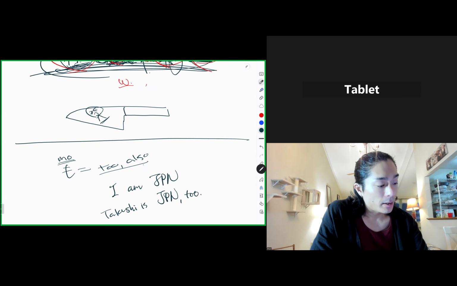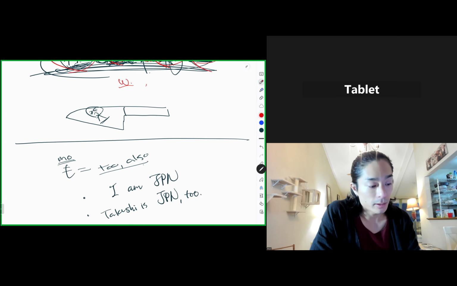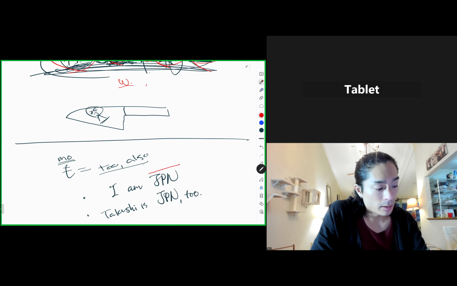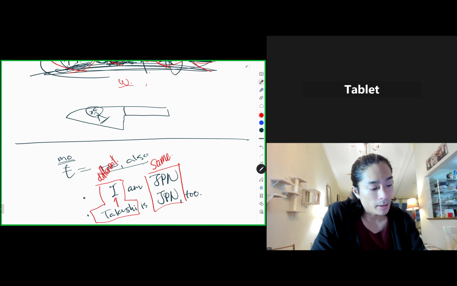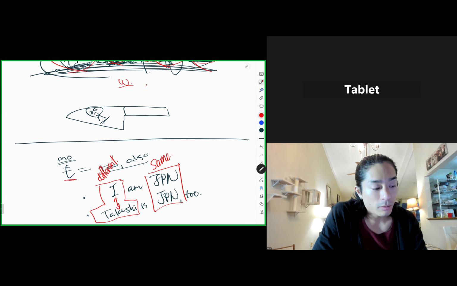These two sentences, when we analyze linguistically, this information is the same info. This information is different info, contrasting info, between I and Takeshi. Mo only sticks right after this contrasting info.